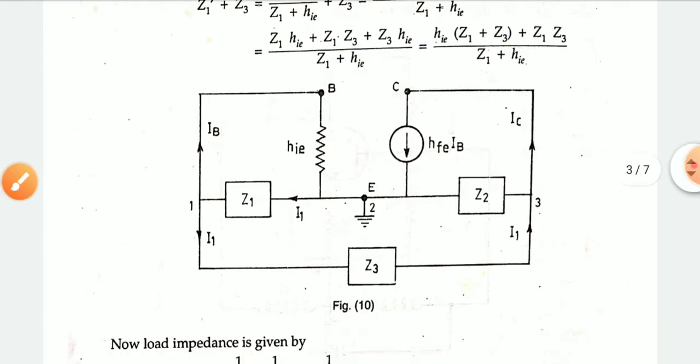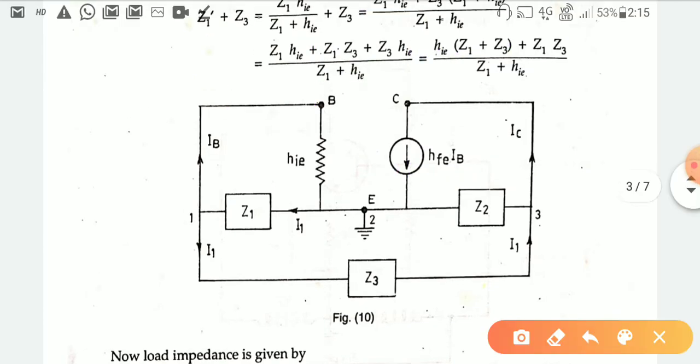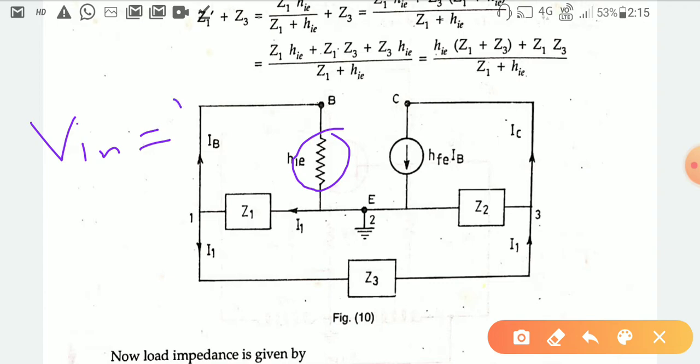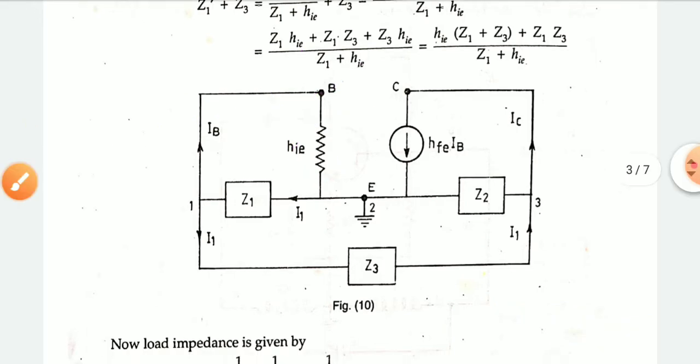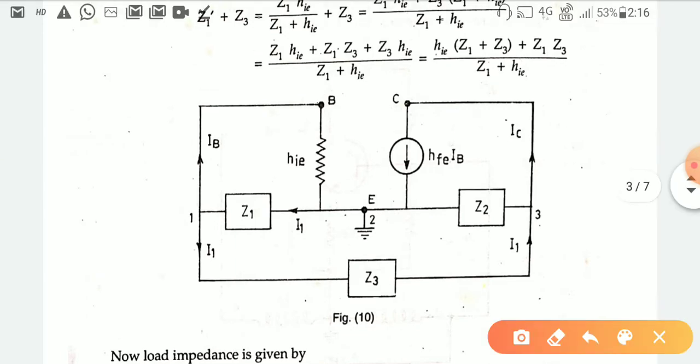And if we consider the input voltage, that is Vin, it will be defined as the input impedance hie into the input current Ib. So it can be written Vin is equal to hie into Ib, and the output voltage, as we said, is hfe Ib into ZL.